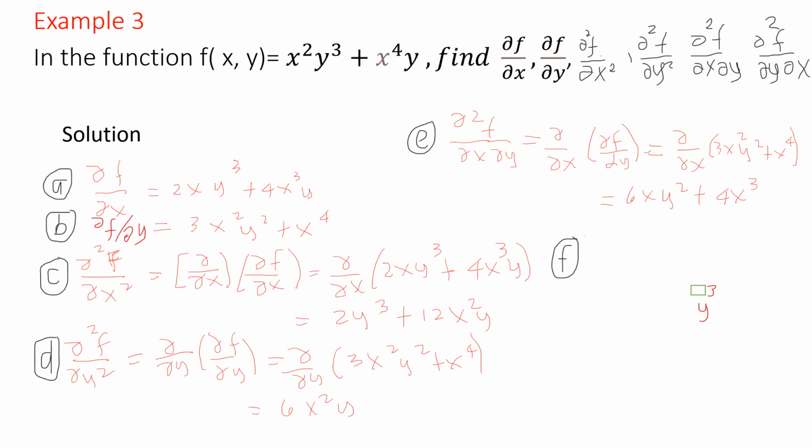But for the second partial derivative of f over partial y partial x equals partial y times partial f partial x, equals partial y times 2x y cubed plus 4x cubed y.